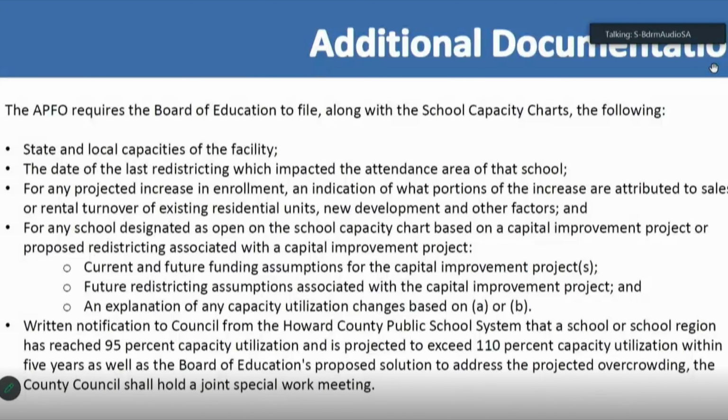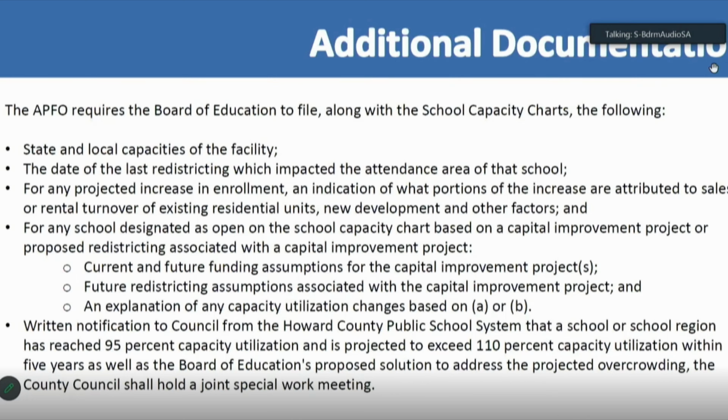In addition to the capacity charts, the ordinance also requires submission of several pieces of information, which include state and local capacities, year of last redistricting, charts showing portions of projected enrollment increase due to several housing factors, and capital budget pages. Each of these items are included in the provided board report as attachment 3.